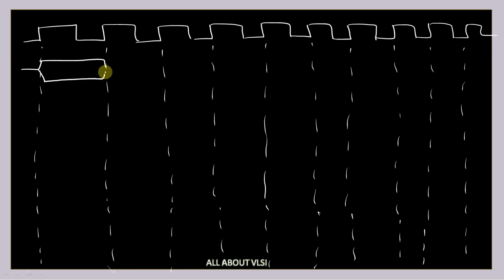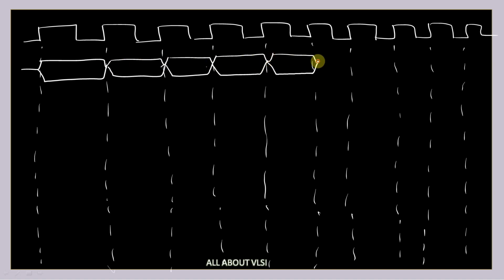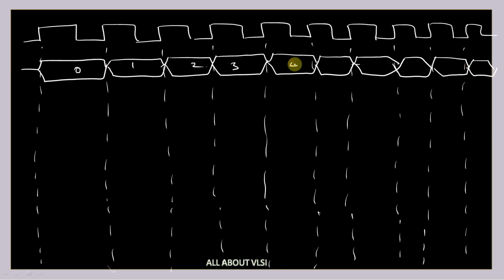For a mod 5 counter, the count will be from 0 to 4: 0, 1, 2, 3, and 4. Like this I'm going to have: 0, 1, 2, 3, 4, then 0, 1, 2, 3, 4.